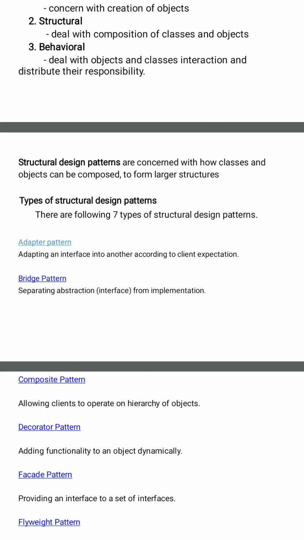Structural patterns use inheritance to compose interfaces or different implementations. For example, multiple inheritance can be used to combine features from two or more classes into a single class. What does multiple inheritance mean here? A subclass is going to acquire features from two or more parent classes.